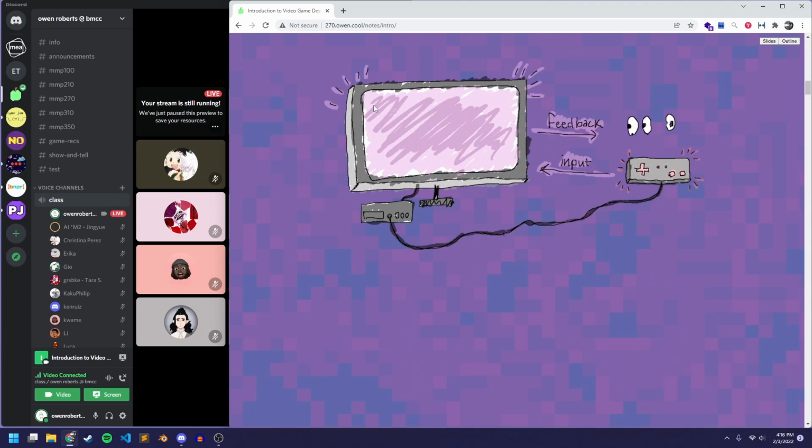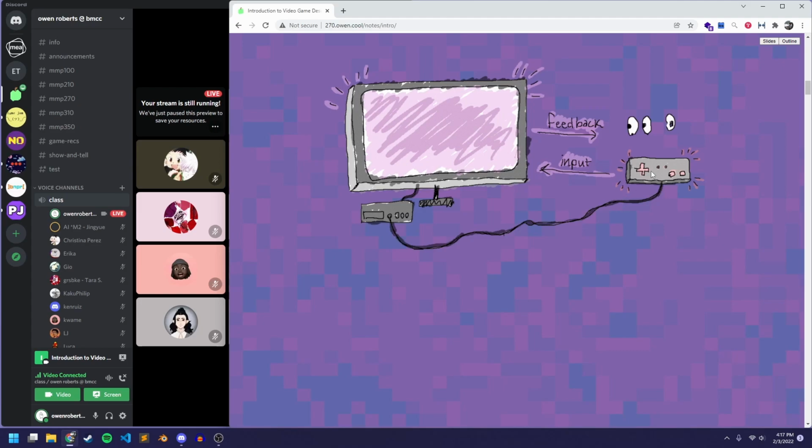And so here is a very rough drawing of the game feedback loop. You can see in my game feedback loop, I've got my little eyes here, my ear here, and then my controller here. Then I have my screen and my game system.